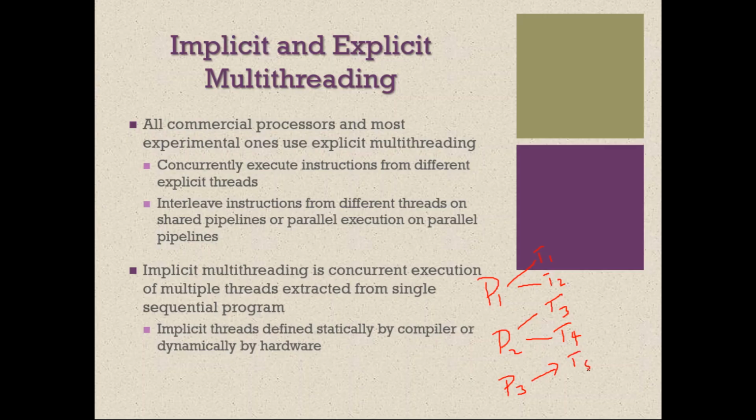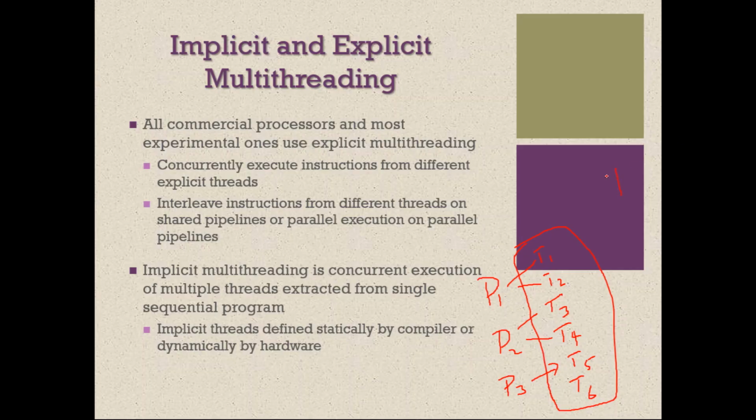Now with explicit multi-threading, the processor knows only about threads. It does not know about the processes. So totally in the system, how many threads are there? Six threads are there, with respect to a multi-processing environment.